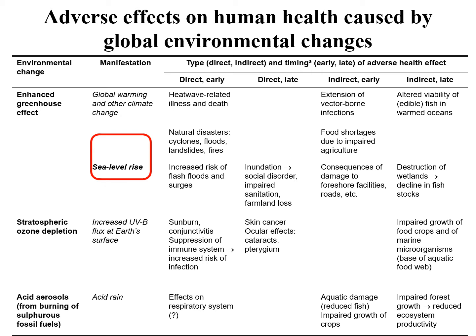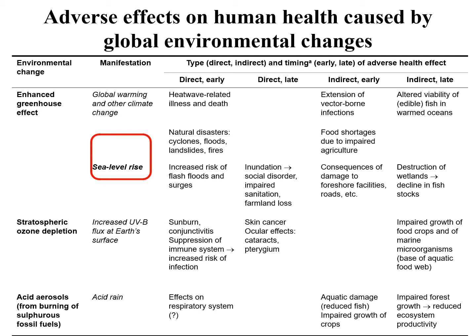Enhanced greenhouse effect will be manifested by global warming and other climate change, sea level rise. Global warming will lead to heat wave related illness and death, extension of vector-borne infections, altered availability of edible fish in warmed oceans.